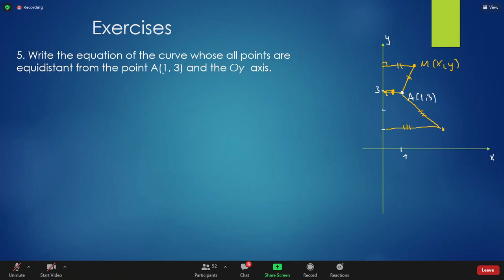So the distance from M to A, the distance AM, has to be equal to the distance from M to the y-axis, which is evidently the x-coordinate of point M. And yes, we have to write x absolute value at the moment, because if x is negative, we don't exactly know what happens if the point is to the left of the y-axis.